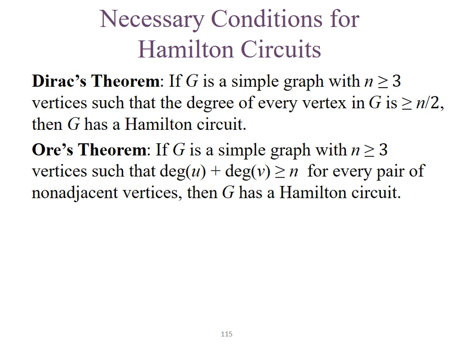Okay, if we have a graph ABCD, then we know this is a simple graph with n equals 4. Then we can verify whether every pair u and v of non-adjacent vertices satisfies d of u plus d of v larger or equal to n. In this case, n is 4.